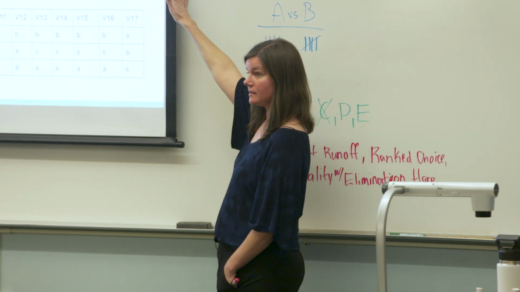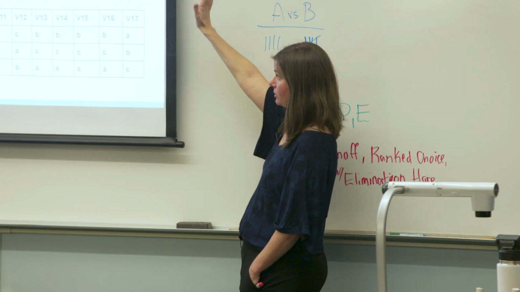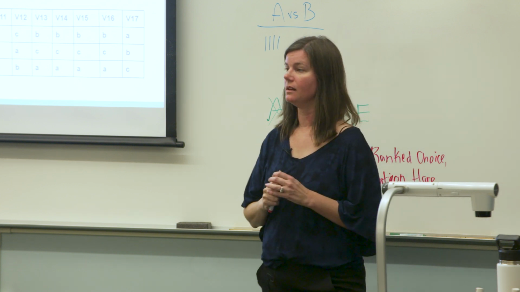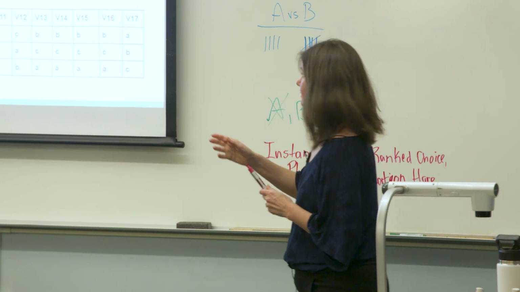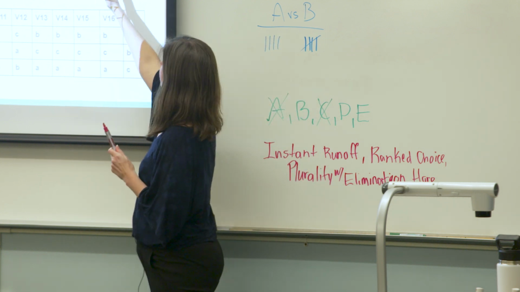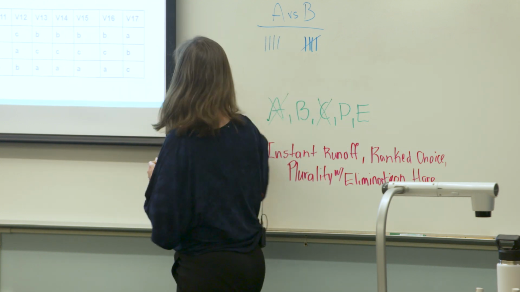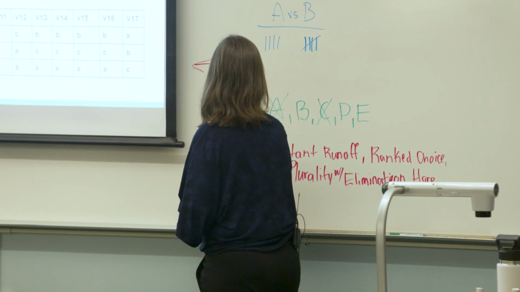So which of these is better for A? The first preference profile or the second preference profile? Second one. Second one, because A's the same here and here, but higher up here, right? So this one is better for A. Erase this.